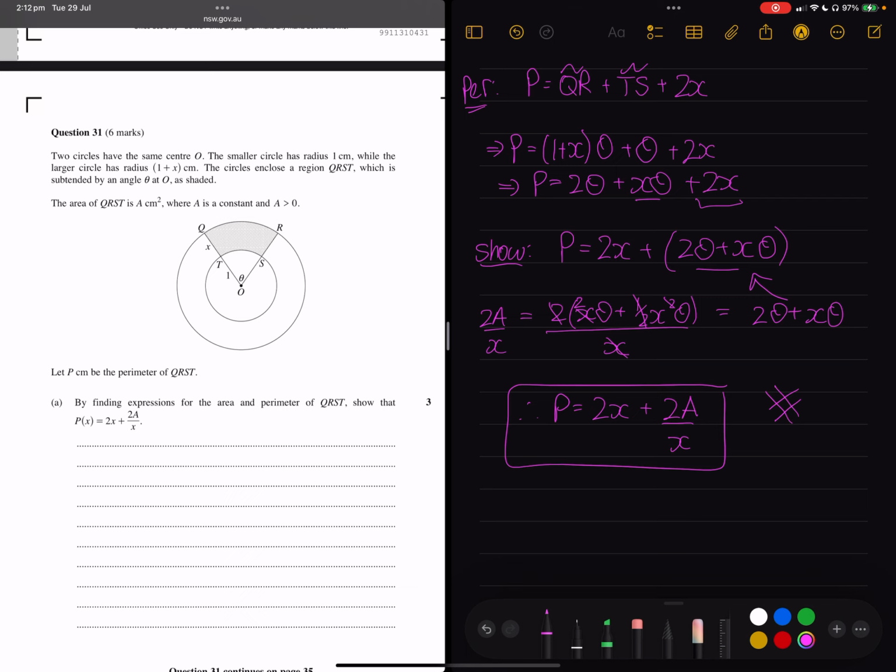When you do an optimization question, it doesn't matter whether you can get the first part or not. You can always use the formula they've given you to do the second part if they gave you the formula. If they don't, then you're in trouble. But if they do give it to you, as they have here, and you can't get it, just move on, right? Do the optimization part, because that's often the part that is less fiddly to resolve. So this is question 31a.